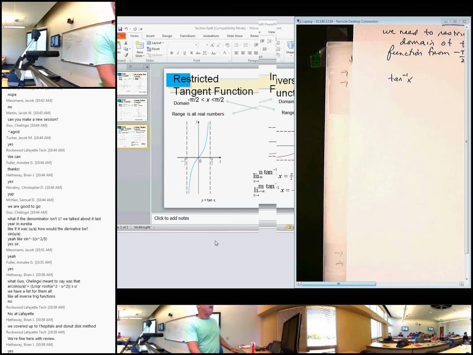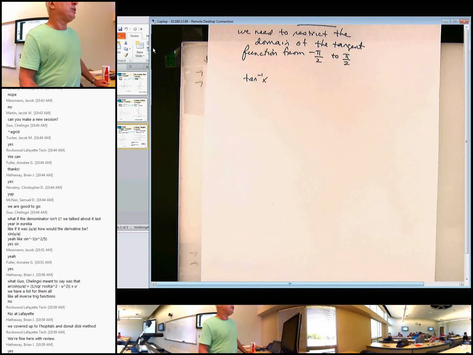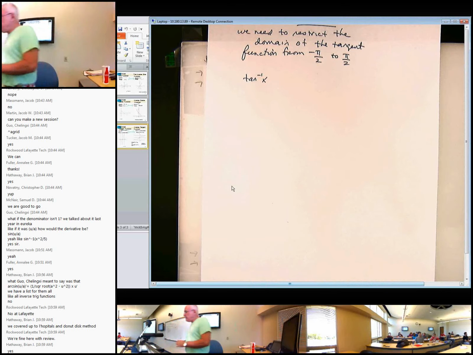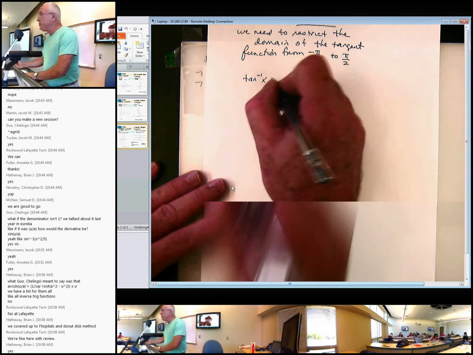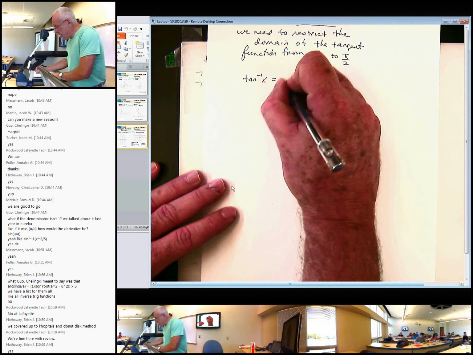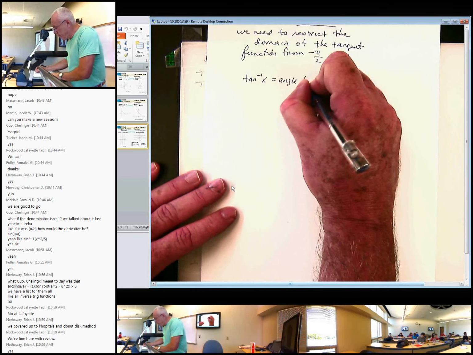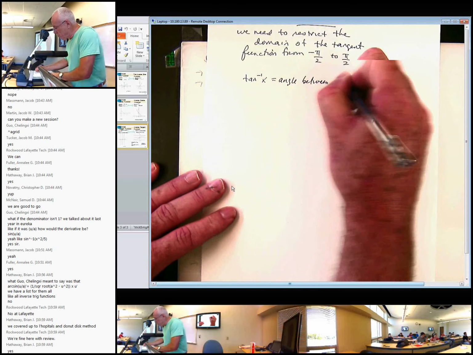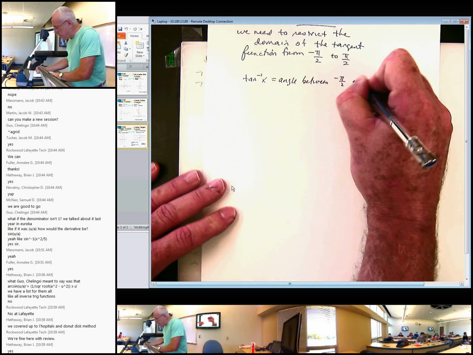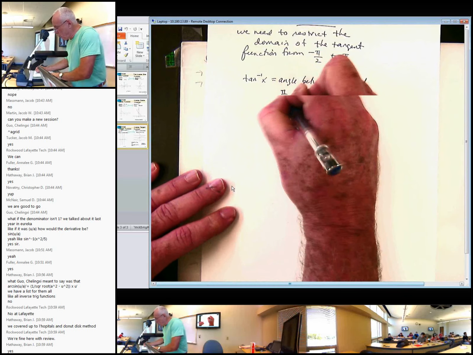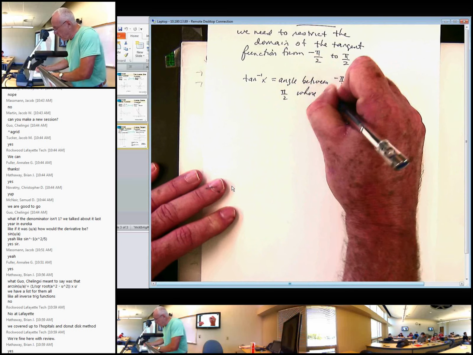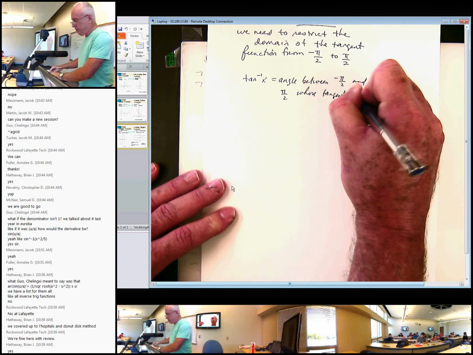Okay, tan inverse of x is equal to an angle, the angle between minus pi over 2 and positive pi over 2 whose tangent is equal to x.